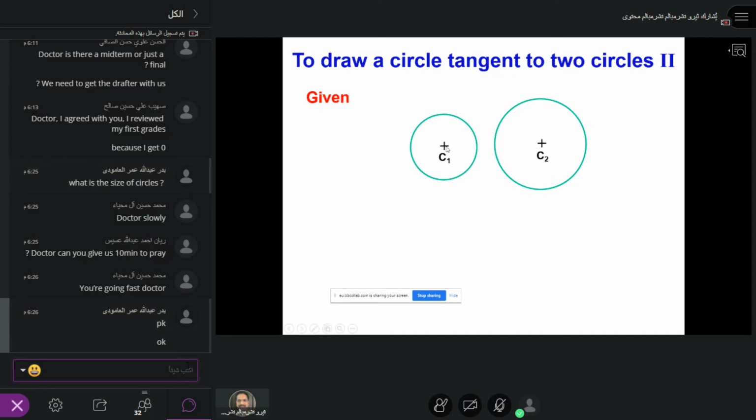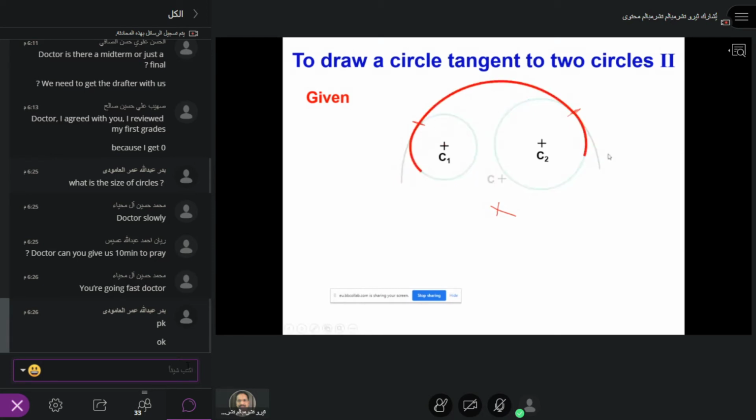Okay, I repeat again now. C1, C2, we have done this. How did we do this? First, remember that this point and this point are the tangent points, right? And then take the radius from the center. So you have to draw this, and from the center you have to take the radius. This is what we have done. I hope you understand.